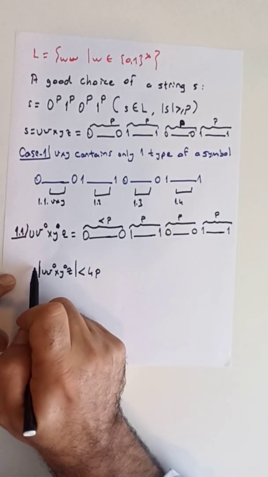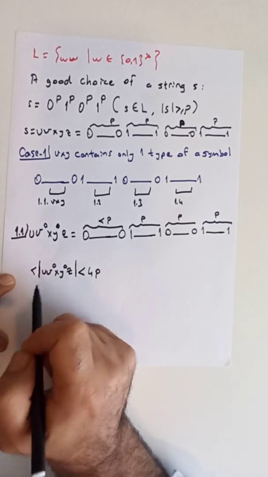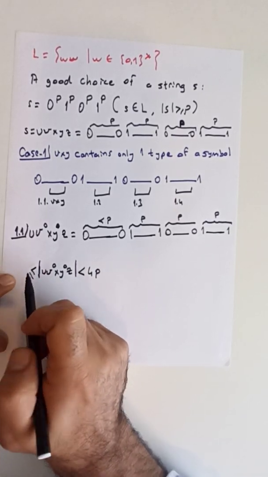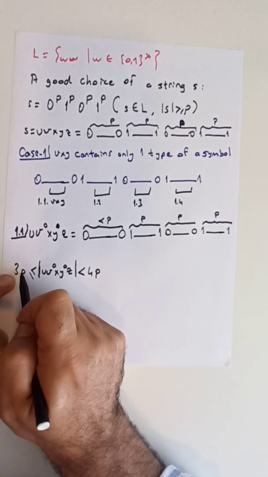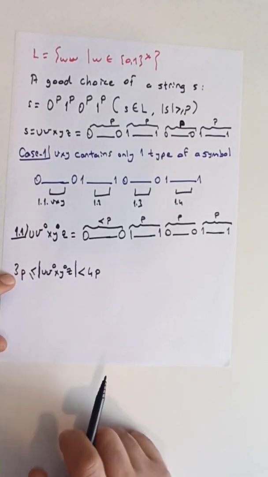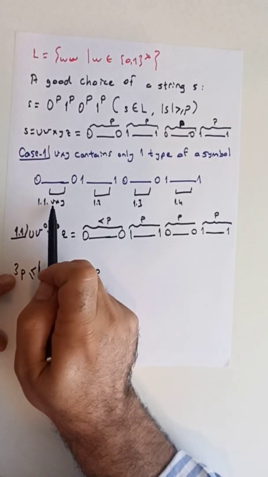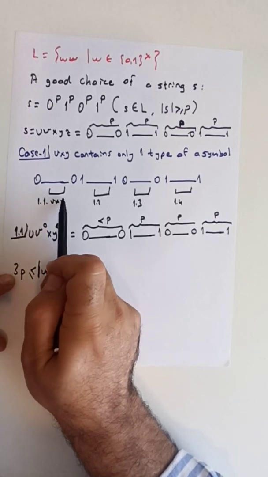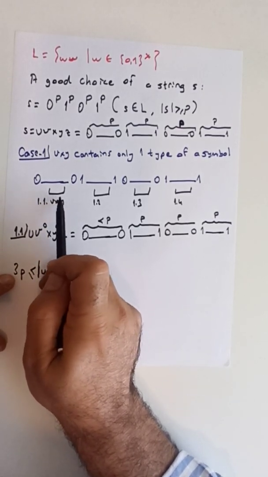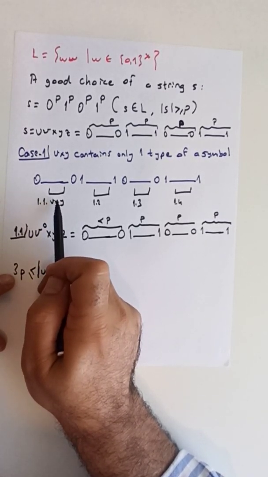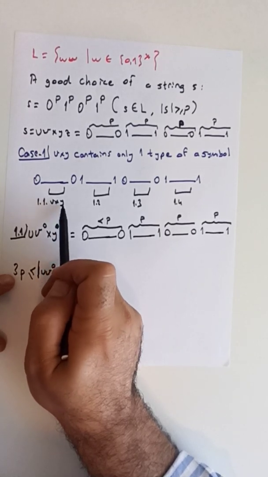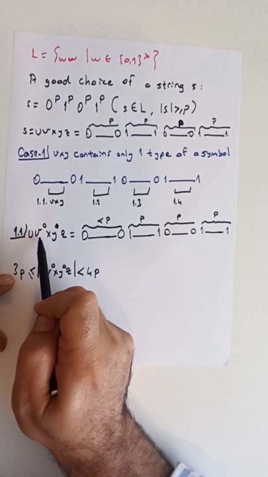And a second thing, we have a lower bound on the length as well. We know that the length should be greater than or equal to 3p. How do we know this? Because by condition 3 of the pumping lemma, the length of the middle substring vxy together is definitely less than or equal to p. And we are removing v and y.